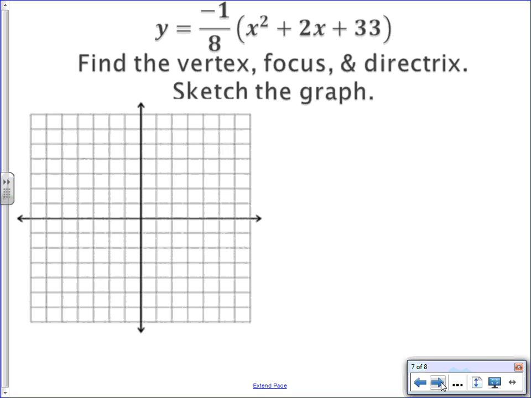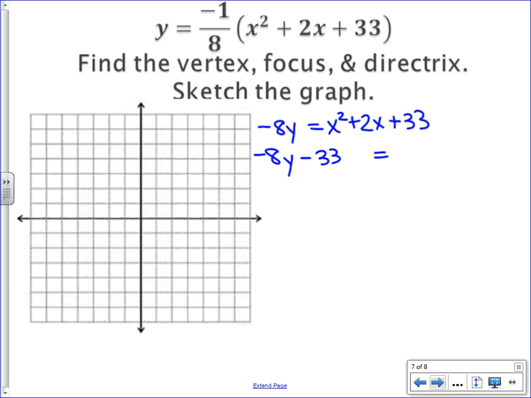So I'm going to multiply -8 over. Okay. Now, I want a binomial squared with our x squared plus 2x. Is that 33 going to be helpful? No. So I'm going to move it to the other side because it is not going to help me complete the square.